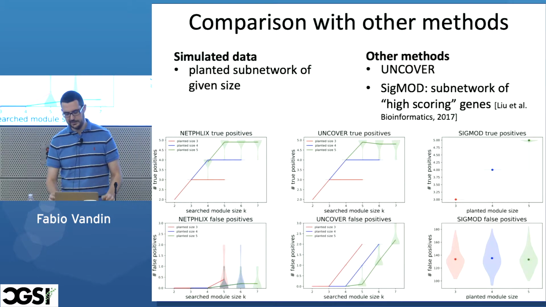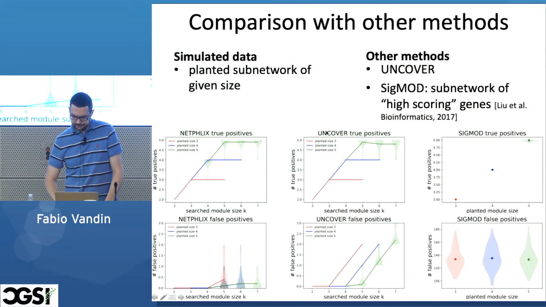So it doesn't really combine the different genes, but just looks at an additive model for the sum of the genes in the subnetwork.